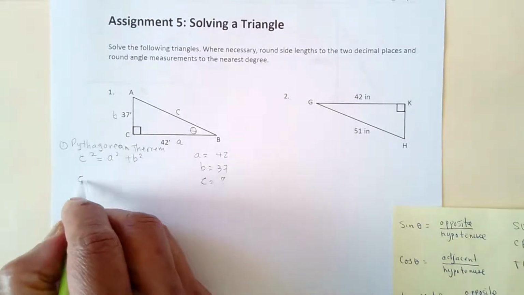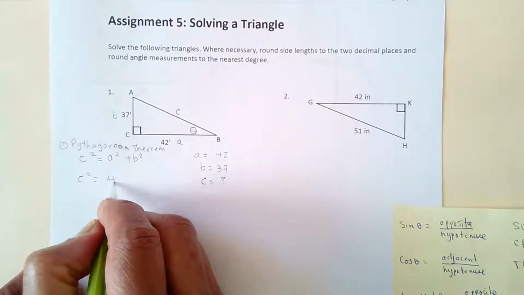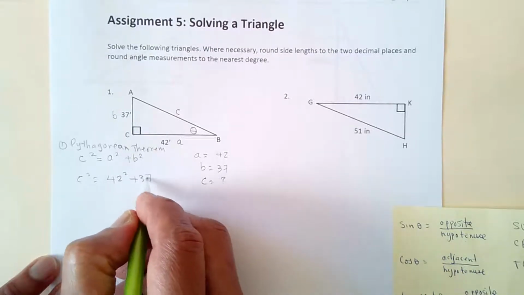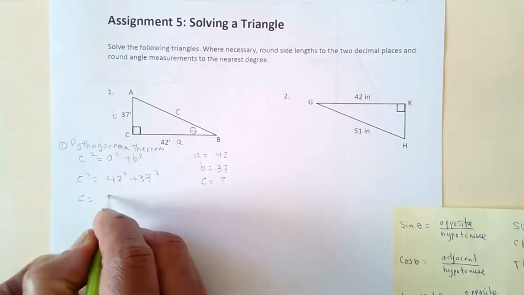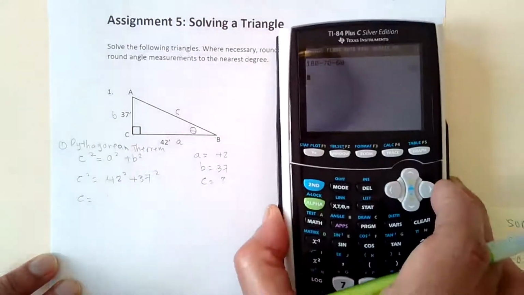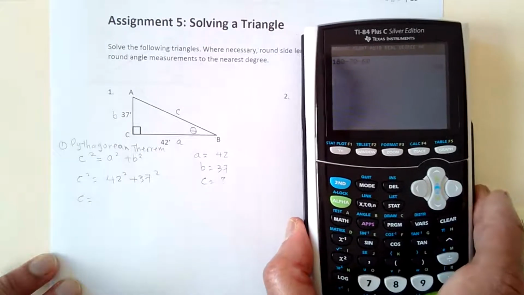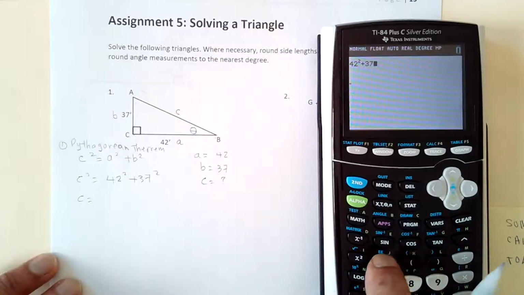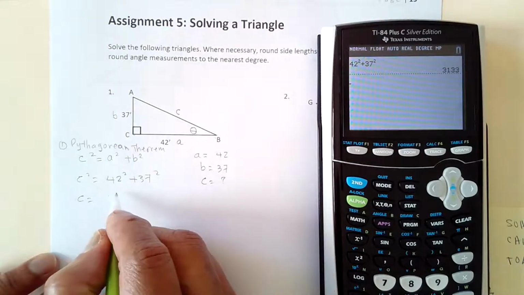So c squared is equal to 42 squared plus 37 squared. We get our trusted calculator. 42 squared plus 37 squared gives us a total of 3133.